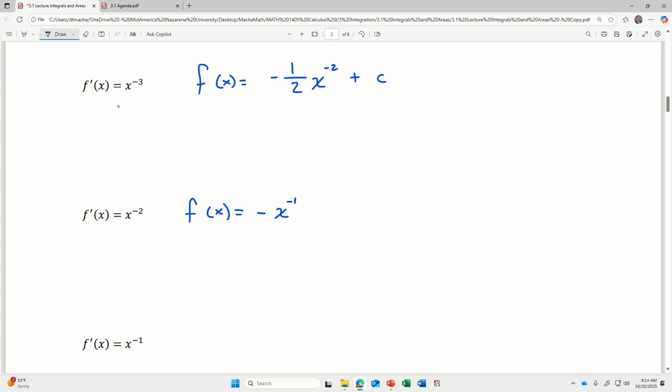Negative x to the negative 1 power. What about if my derivative is x to the negative 1 power? What function would give me that derivative? Negative 1/2, or the.